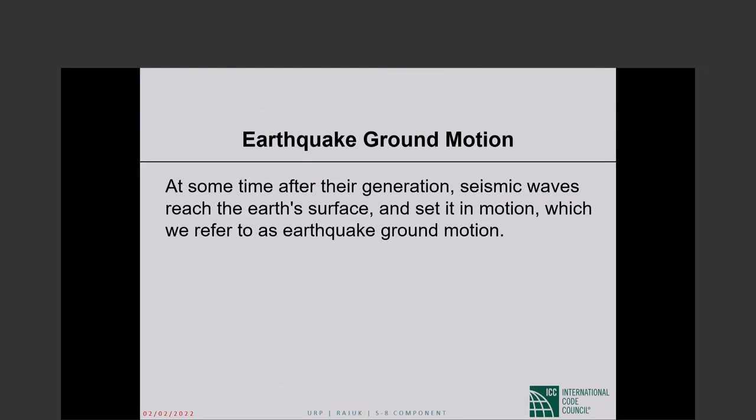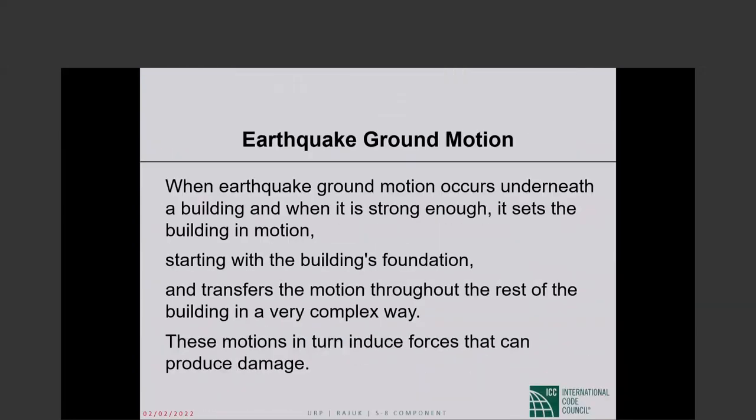At some time after their generation, seismic waves reach the Earth's surface. Remember, they originate always at some point below, at the focus. At some time after generation, seismic waves reach the Earth's surface and set it in motion, which we refer to as earthquake ground motion, the waves traveling along the surface of the Earth.